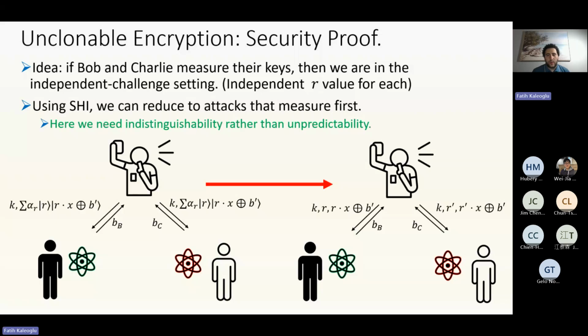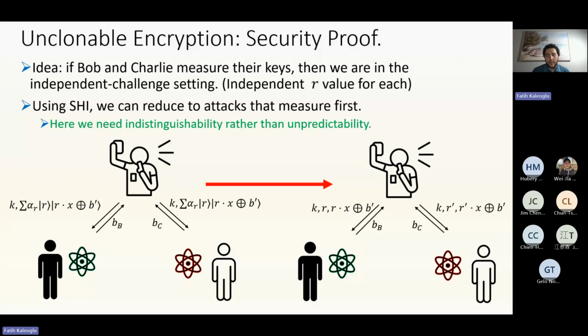So what we want to do is use our simultaneous Haar indistinguishability to say that the security game reduces to the case of them getting independent values of R. So the red arrow represents here a reduction, which replaces 2 copies of the same Haar state that are used to generate the decryption keys for Bob and Charlie, and replaces them with IID copies of Haar states.